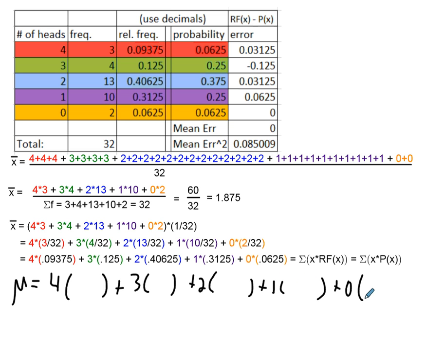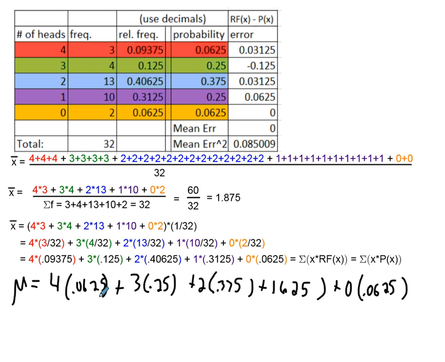We start by writing our distribution, each of the possible x values in this distribution, and then we plug in our probabilities. 0.0625 is the probability of 4. That is 1/16. For 3, 0.25. For 2, 0.375. For 1, 0.25. And for 0, 0.0625.